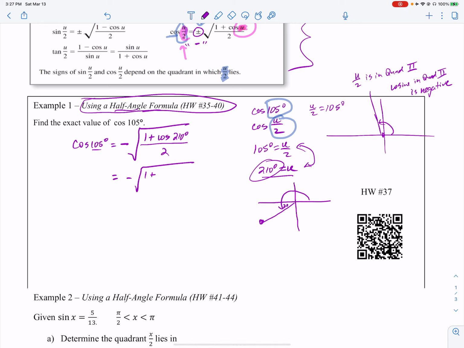So this is a 30-degree reference angle. This is that 210 degrees. On the unit circle, this is to the left, root 3 over 2, and down 1/2. So that 210 degrees is in quadrant 3. Cosine is negative in quadrant 3.